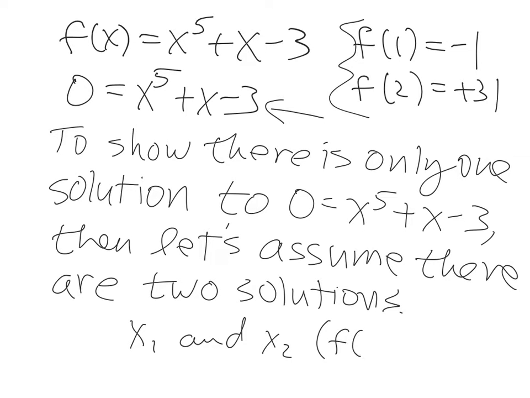And what we're saying is f of x sub 1 would equal 0 and f of x sub 2 would equal 0. Okay? Both of those x values, the function value needs to equal 0 to be a solution to this equation.